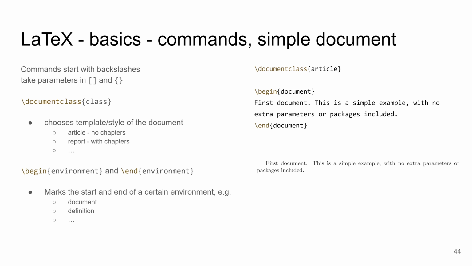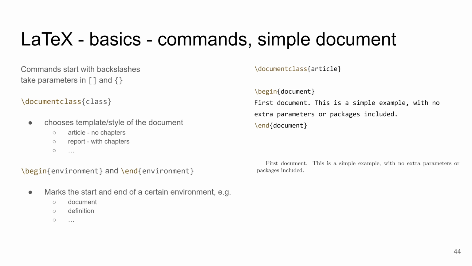And then there is a whole set of commands that look like the begin document and the end document command. So actually, document here is what's called an environment. It sets the text parser to output the text inside that environment in a certain way. And the whole document is also an environment.